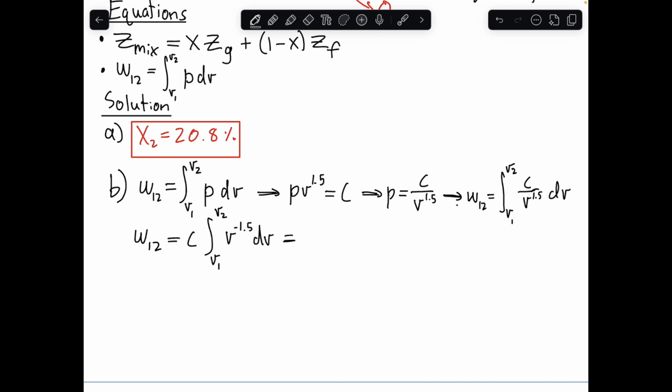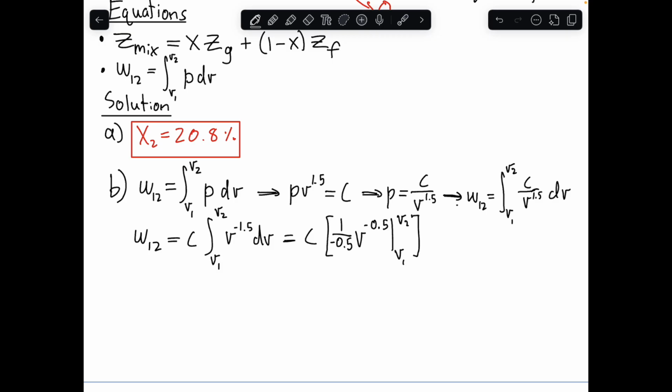And we can actually evaluate this. So this will be C times V to the negative 0.5, because we add 1 to the exponent. And remember, we need to take this exponent and put it down and divide by it in front. So we divide by a negative 0.5. And that will be evaluated from V1 to V2.